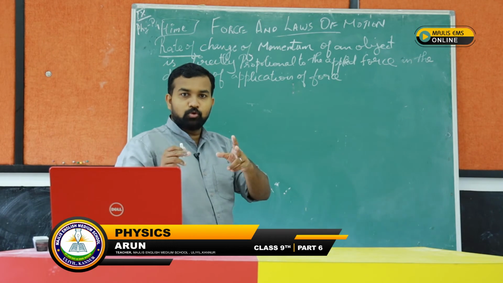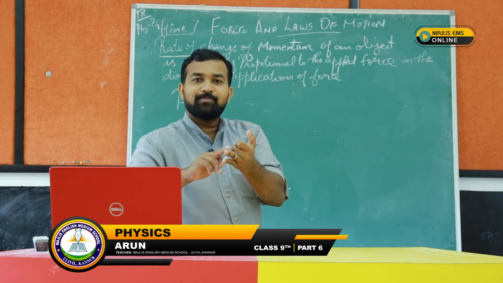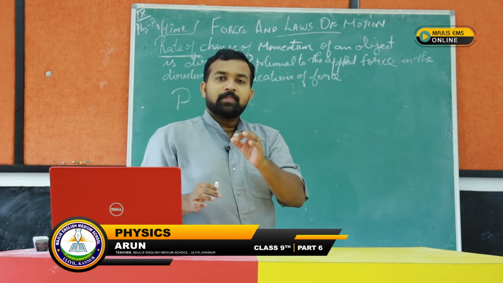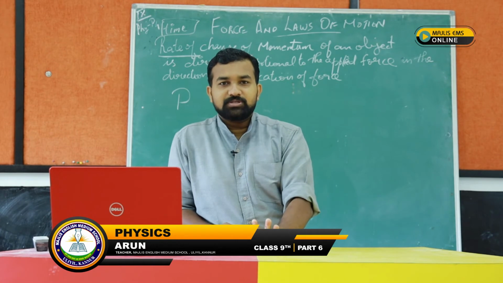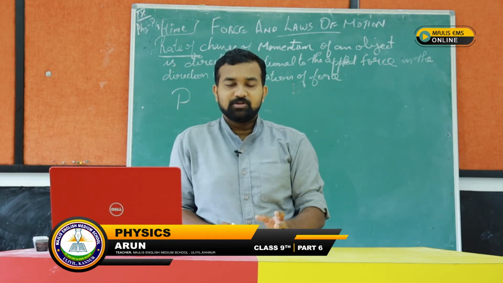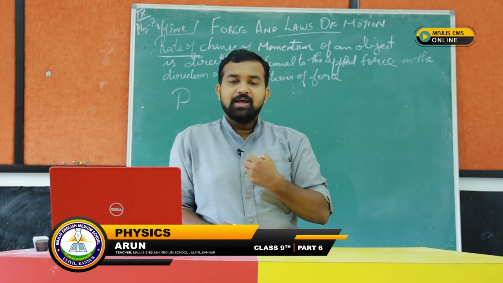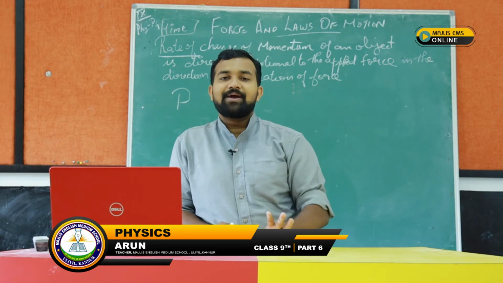In the car, there is mass, and the body will be moving with a velocity, so it will have some momentum. Whichever body is in motion will have momentum, because it has some mass and, whenever it is moving, it has velocity.